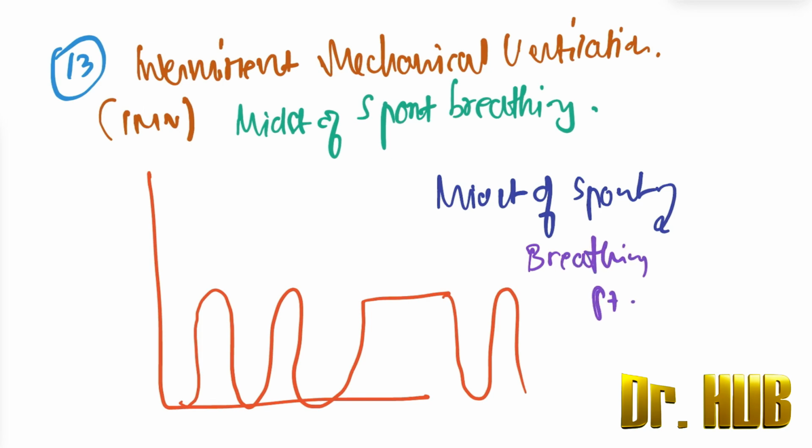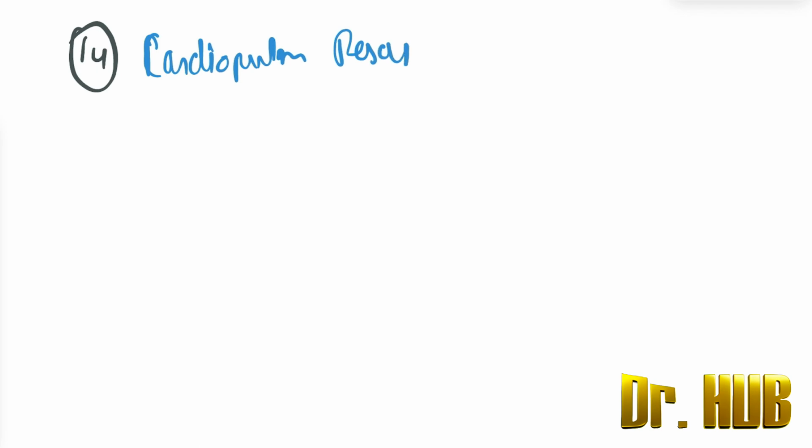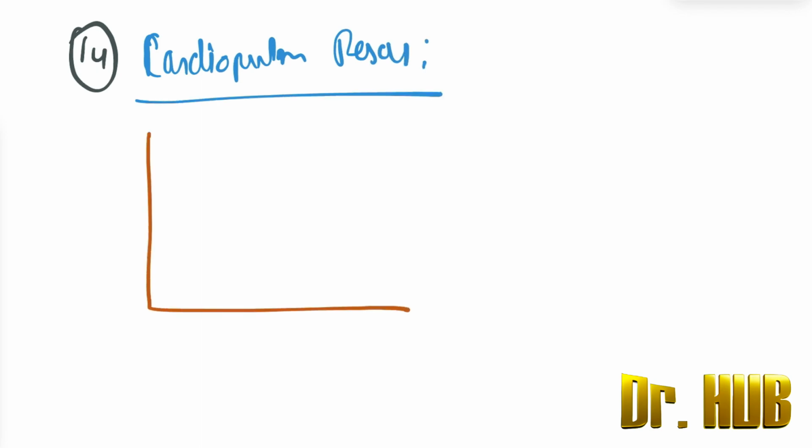Next, let's move on to the 14th variety, that is cardiopulmonary resuscitation. Here in the x-axis there is time and the y-axis there is expired CO2.